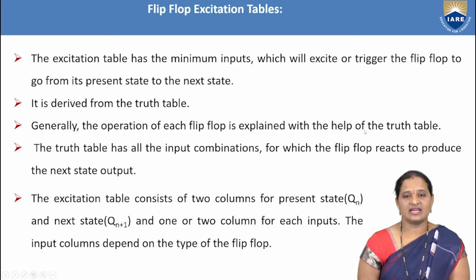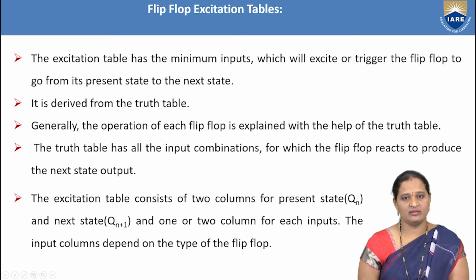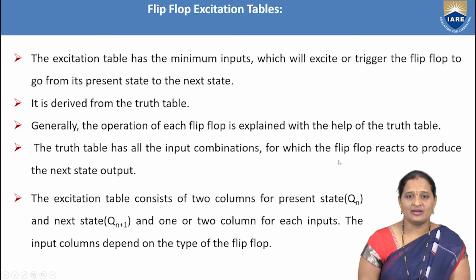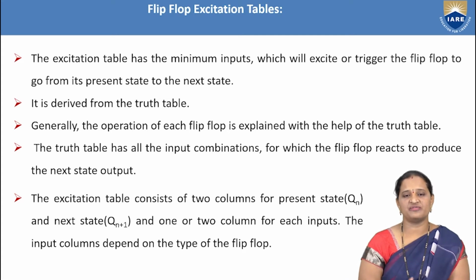That means the excitation table consists of the columns present state Qn, next state Qn+1, and the inputs needed to be applied to achieve the transition.